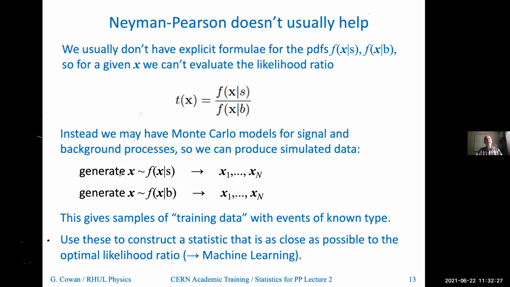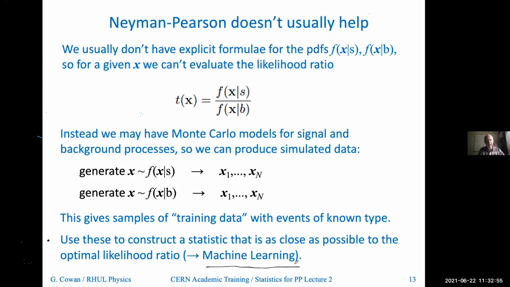So that means that the Neyman-Pearson lemma doesn't usually help in practice. We can't actually construct this likelihood ratio in many problems of practical interest. But what we can do is take these generated event samples and use those to try to find a statistic that is as close as possible to the optimal likelihood ratio. And that leads into the field of machine learning or multivariate analysis.